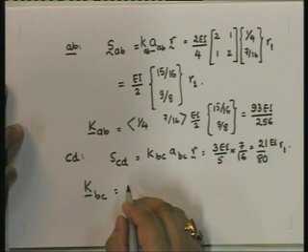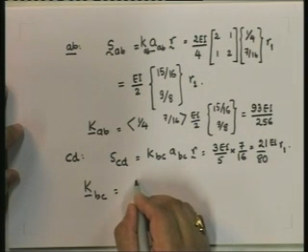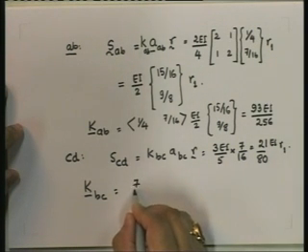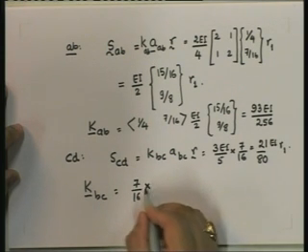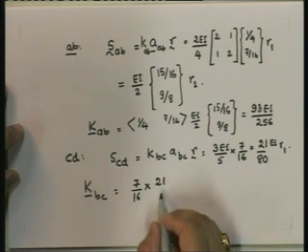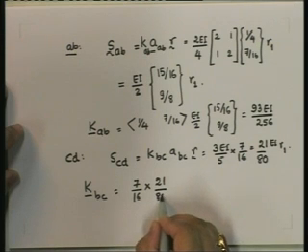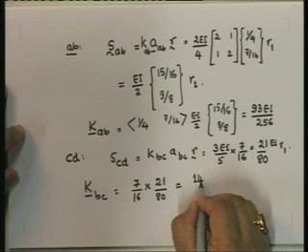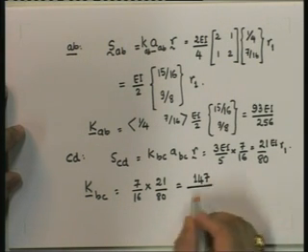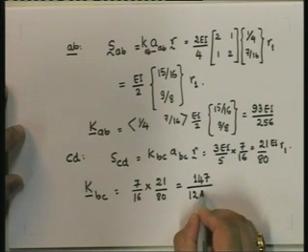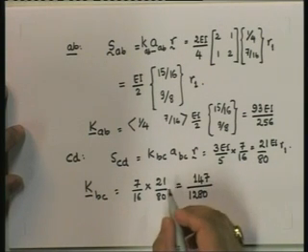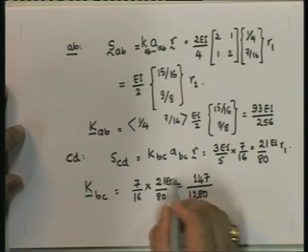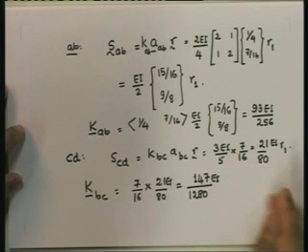And KBC, which is going to be A transpose. A transpose is again the same. So it's going to be 7 by 16 into 21 upon 80, which is equal to 147 upon 1280 EI.